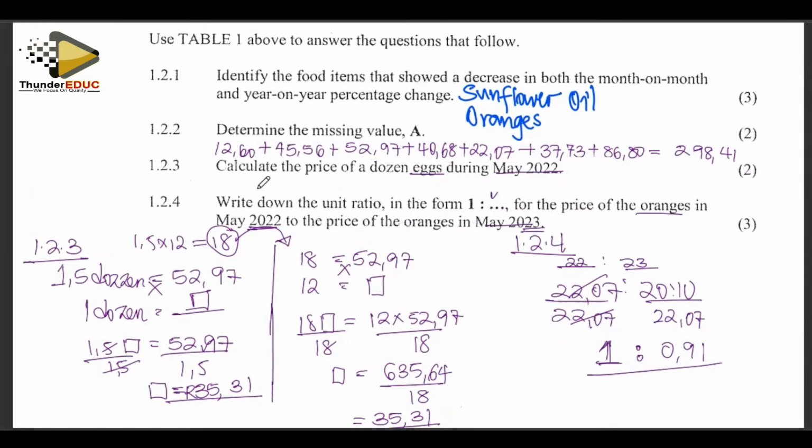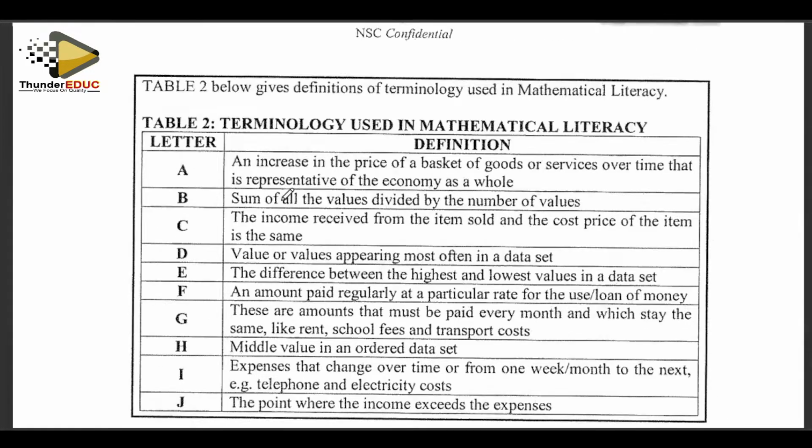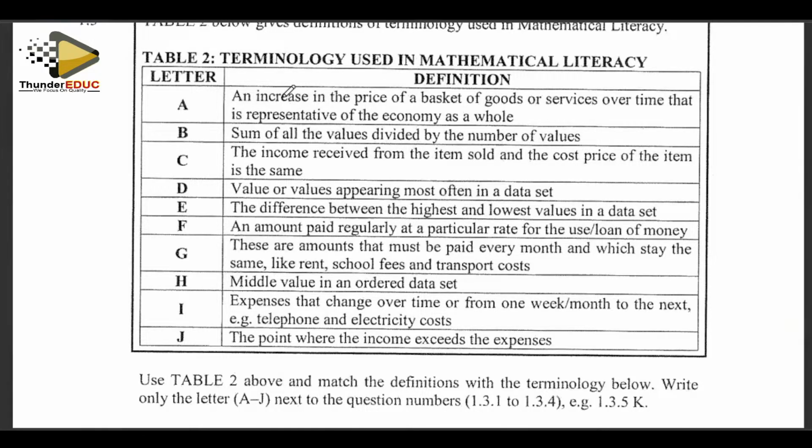All right, let's continue and we look at question number 1.3. 1.3 brings us the terminologies and we always match. Table 2 below gives definitions of terminologies used in mathematical literacy. An increase in price of the basket of goods or services, this one is usually what we call inflation.